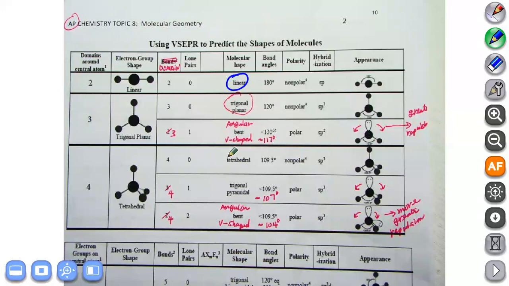4, 0. So for the bonds to be as far away from each other as possible, it will not be a cross, as we have seen last year. Not a cross configuration. It'll be tetrahedral. And tetrahedral would have a configuration looking like this.